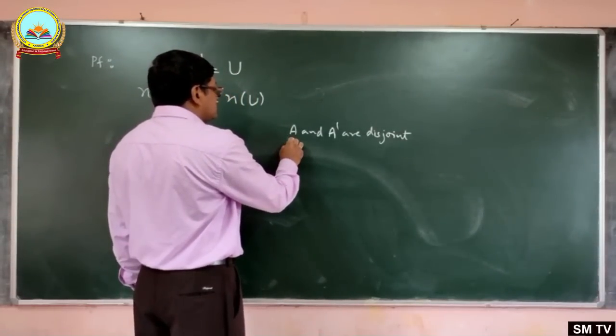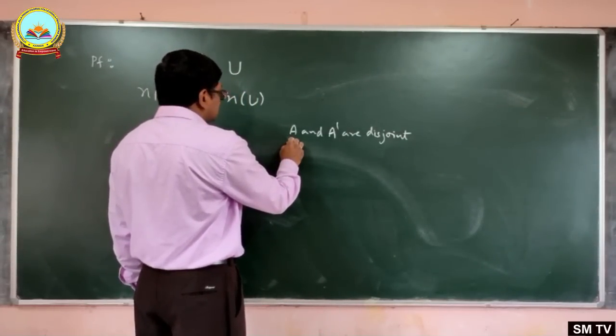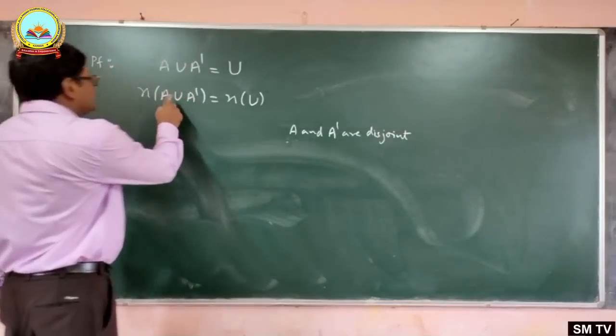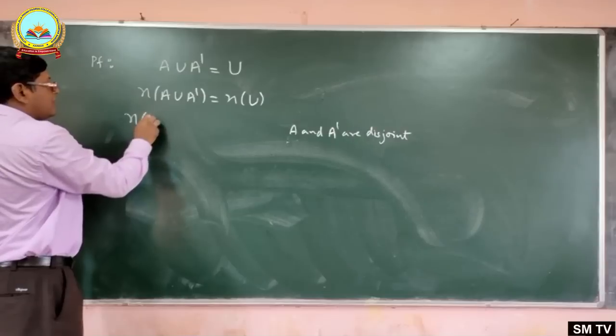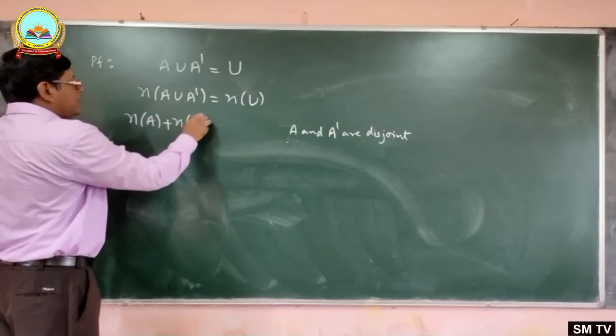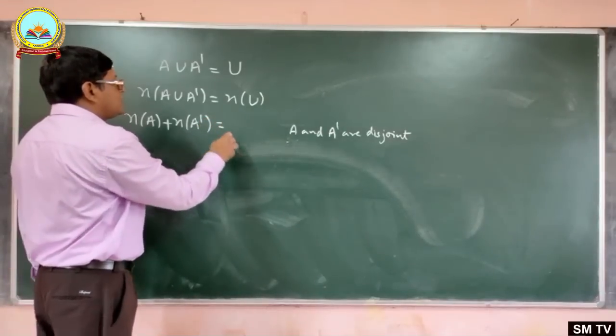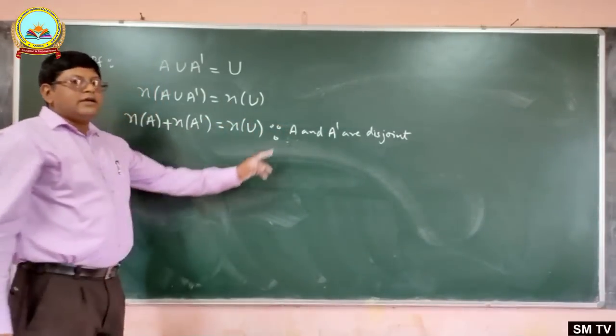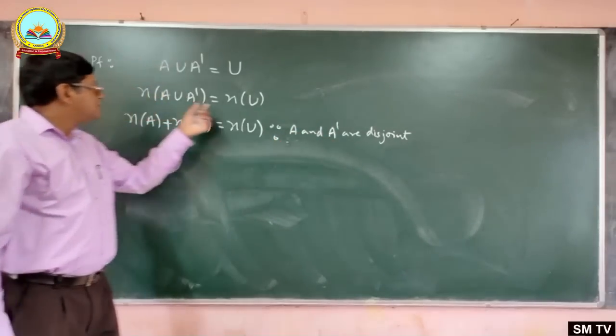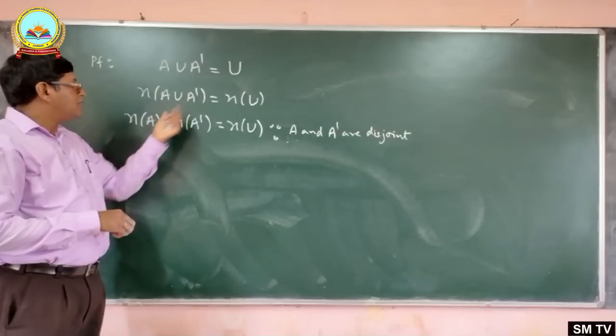So that means, using result number 1, the left hand side can be written as n of A plus n of A dash, which is equal to n of U. Since A and A dash are disjoint sets, we can use result number 1.